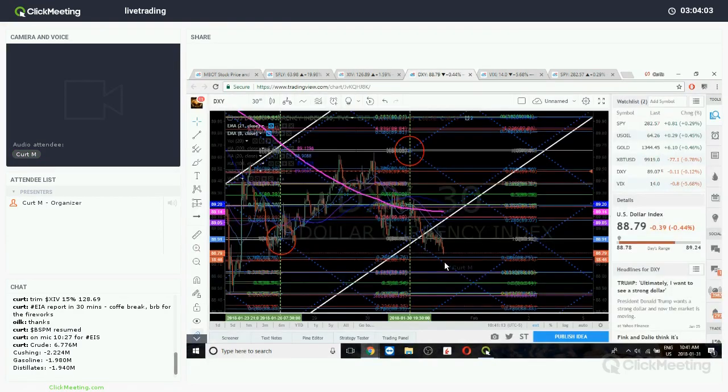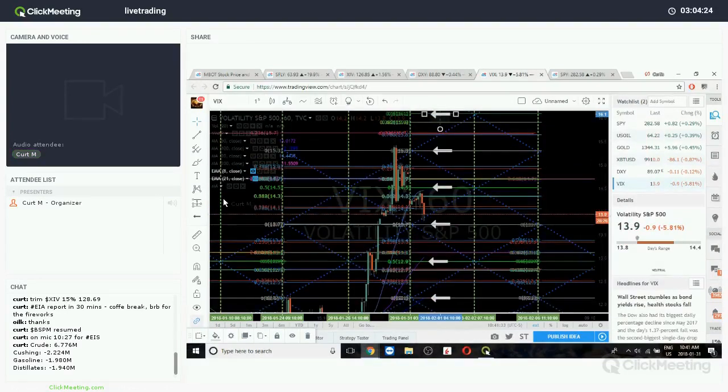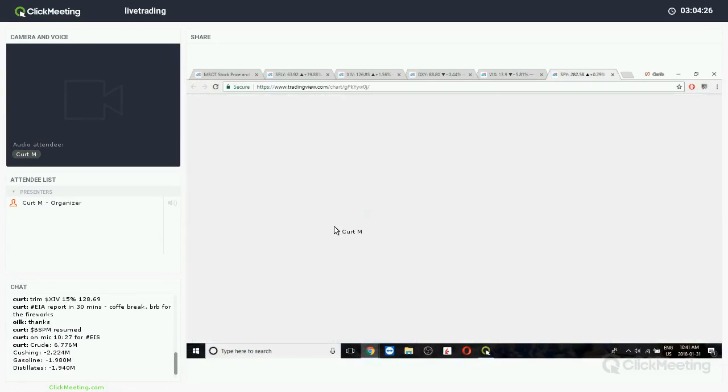So here's the dollar. It's coming down to its quad support in here. This is its trend. It should hit this mid quad here, February 2nd, 88.54. That'll be its new targeting on the new model updates. Volatility holding the quad. S&P holding its zone.